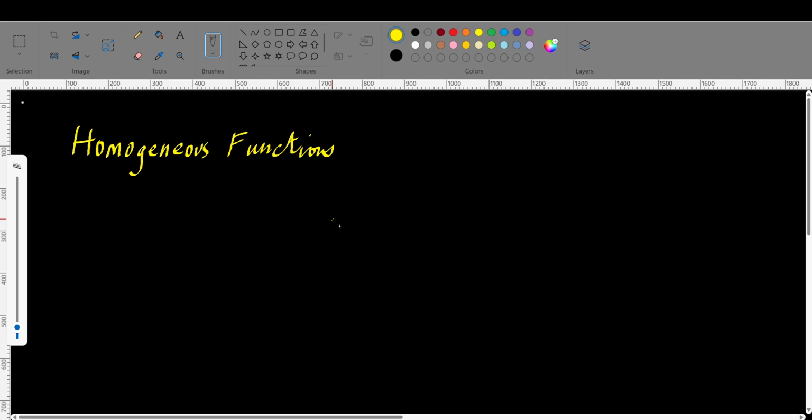We discussed homogeneous functions. So let us write the definition.